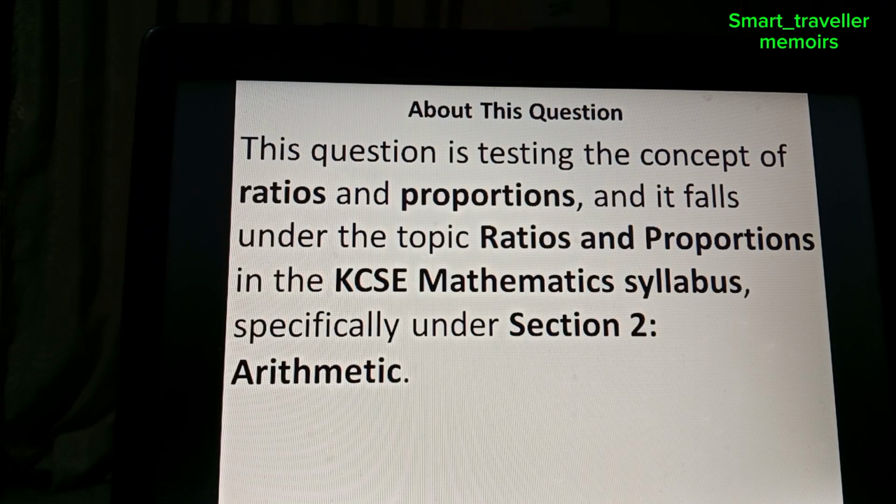So, when I researched about this question, the question is testing the concept of ratios and proportions, and it falls under the topic ratios and proportions in the KCSE Mathematics syllabus, specifically under section 2, arithmetic.